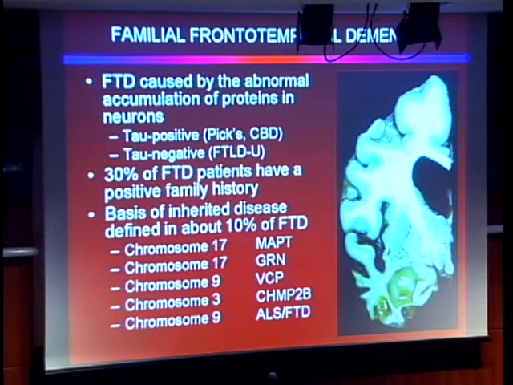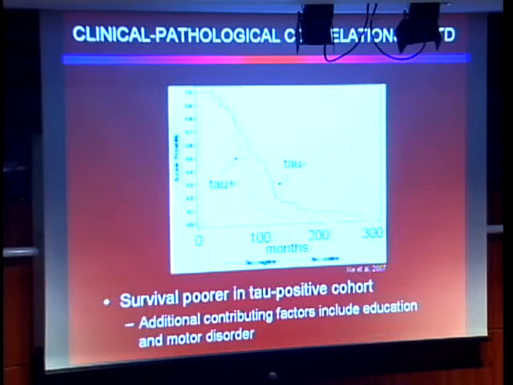There are a variety of other chromosomes that seem to be associated with FTD as well. One called VCP, another one called CHAMP2B, and then there's a gene on chromosome 9 that we're just now trying to identify that's associated with FTD and a related condition, motor neuron disease or amyotrophic lateral sclerosis. And again, we'll talk about these later this morning.